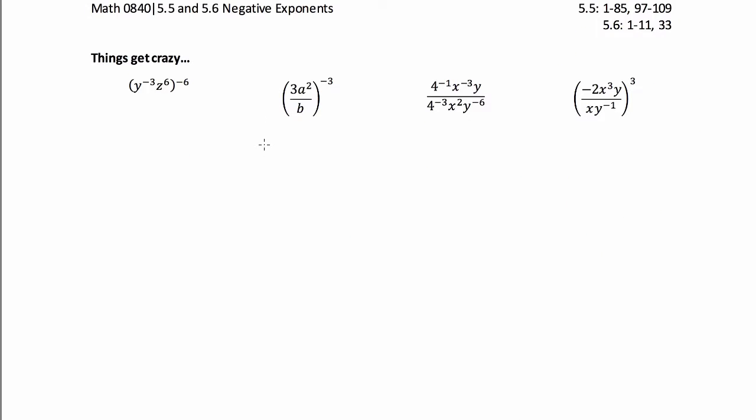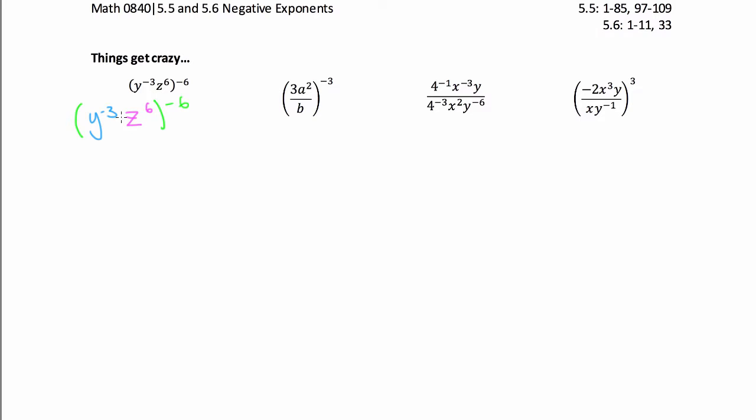Okay, here, so this is where we have all these rules happening at the same time. Things get a little nuts. Here, I've got two things, and I'm going to just clarify that this is y to the power of negative 3 times z to the power of positive 6. And then that whole thing is being raised to the power of negative 6.